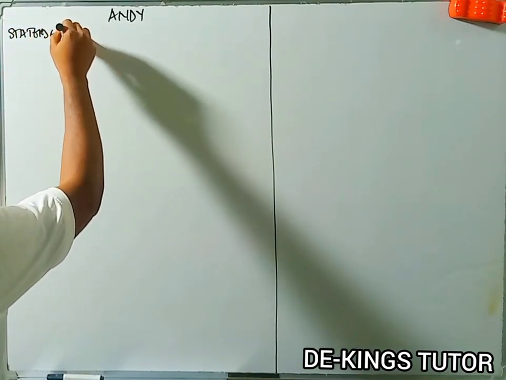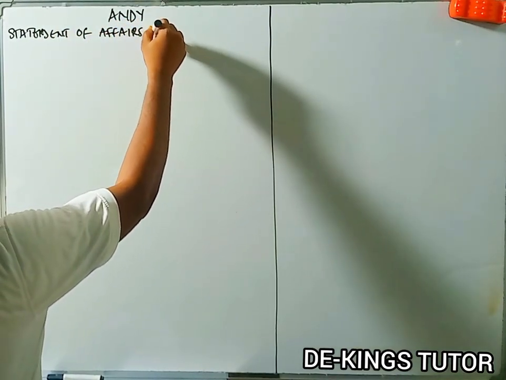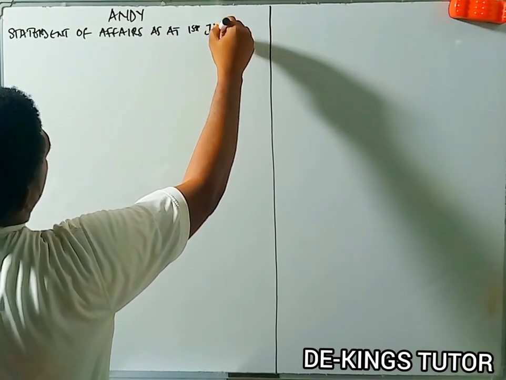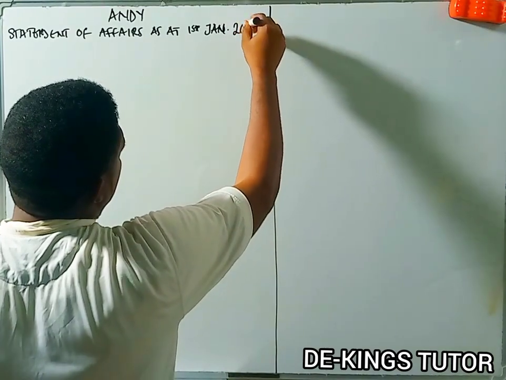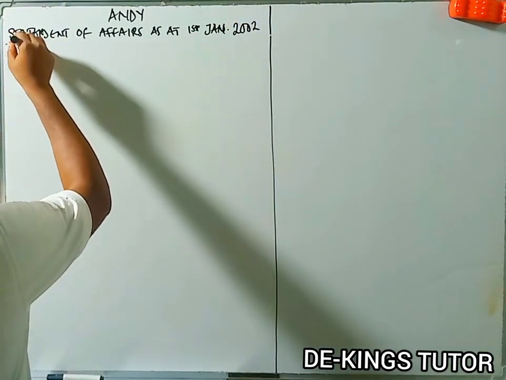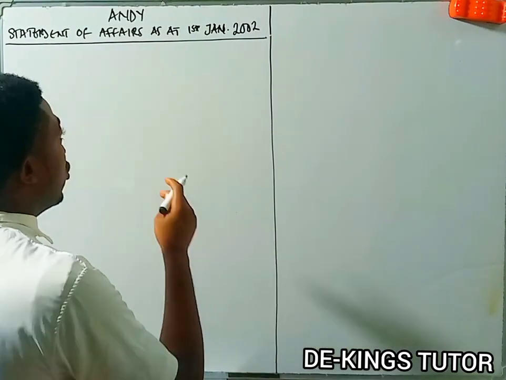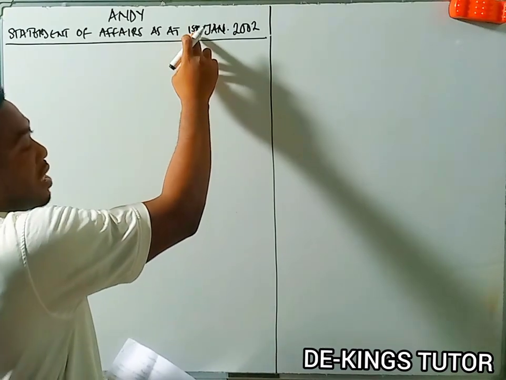So prepare what they call the statement of affairs. The statement of affairs as at 1st January 2002. The statement of affairs is an abridged balance sheet. The balancing figure here is what will give us the opening capital, because it is at the beginning.